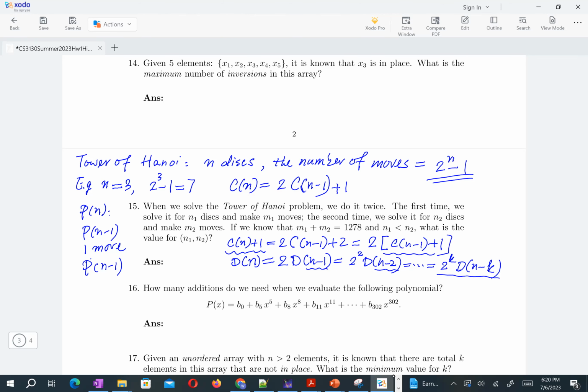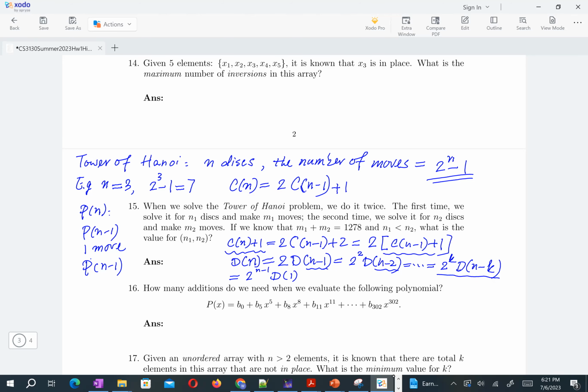Then when we move to the last one, 2 to the n minus 1 times d of 1.